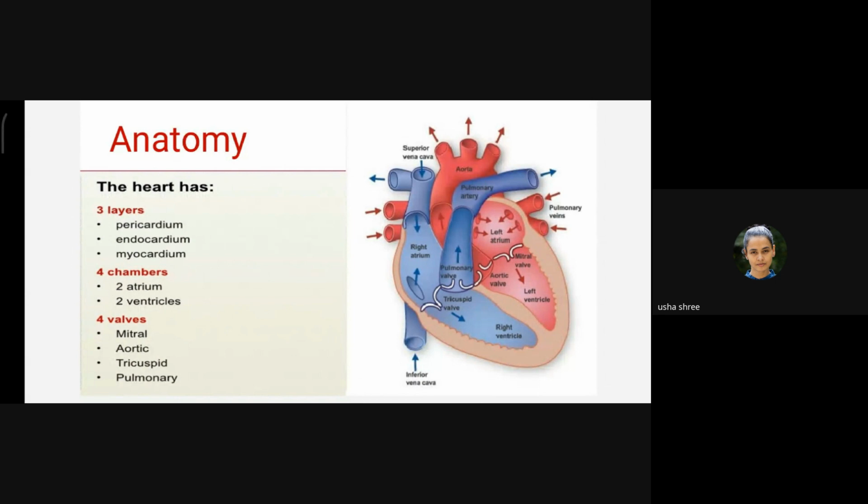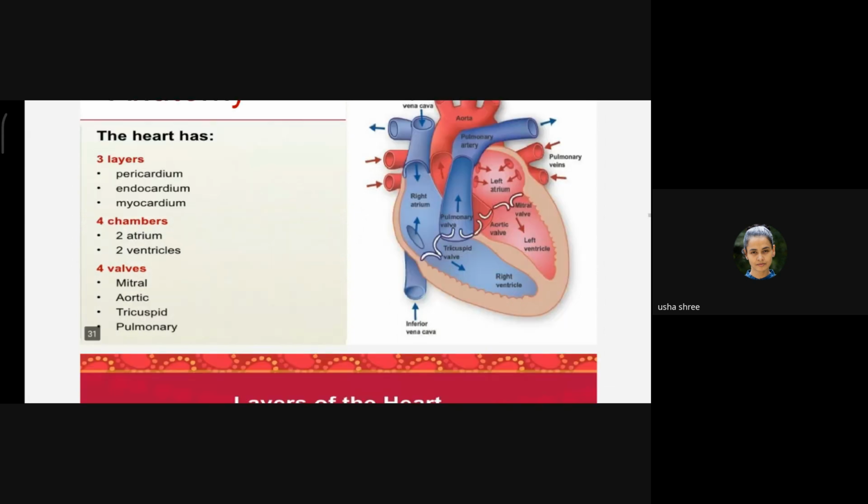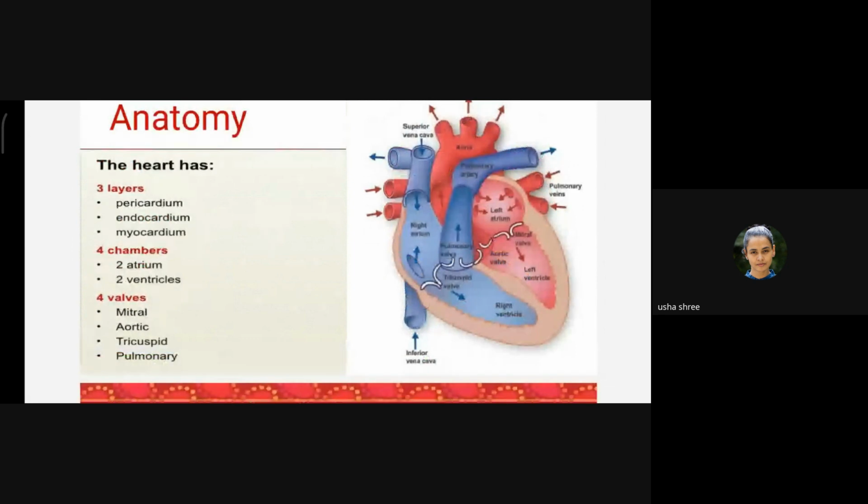Aortic valve, where is it, ma'am? Aortic valve is in the opening of the aorta. Aorta means the main blood vessel which is delivering the blood from the heart towards the body.